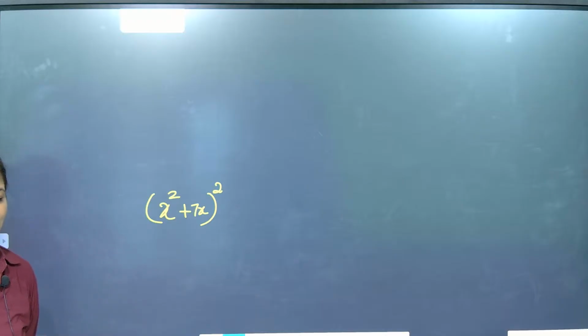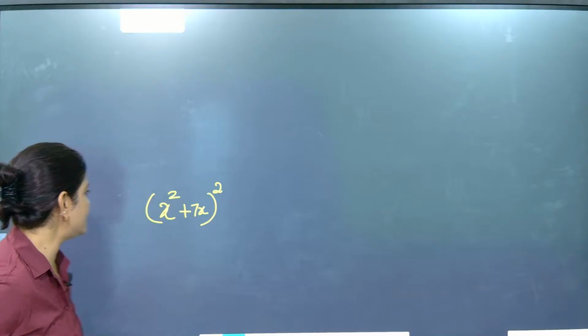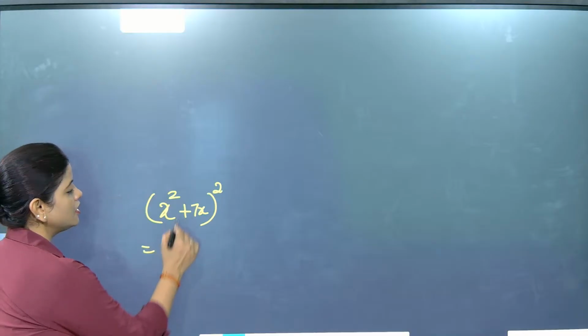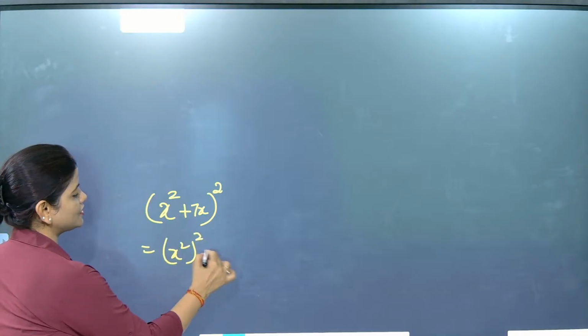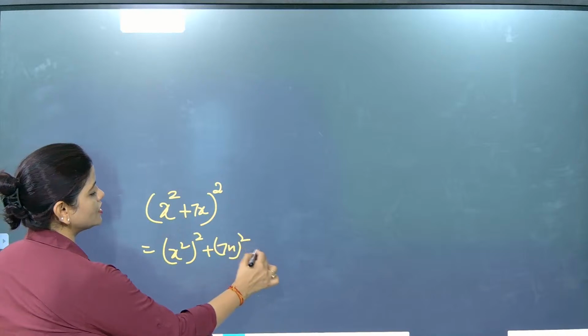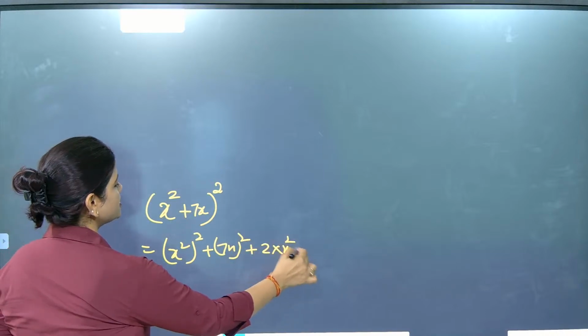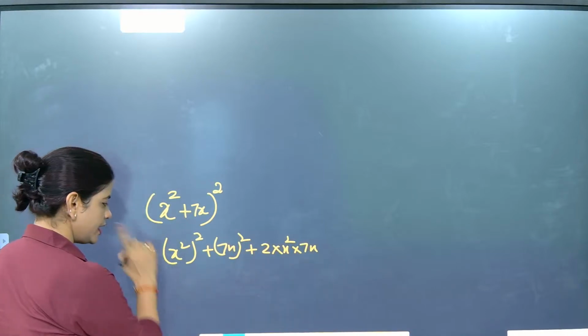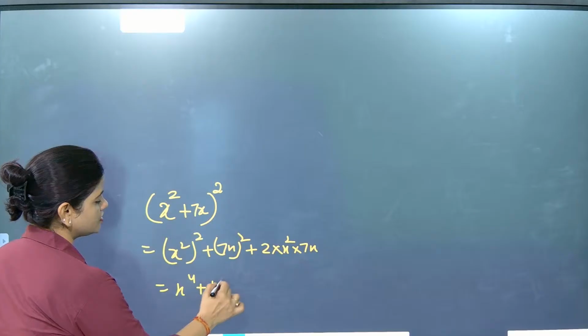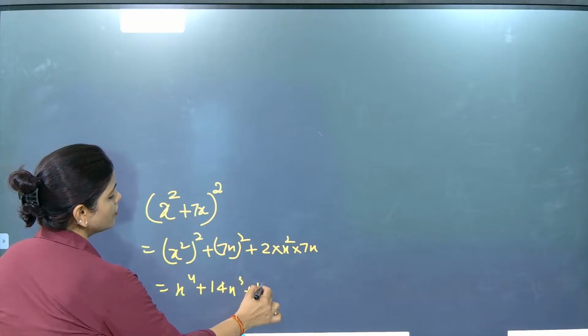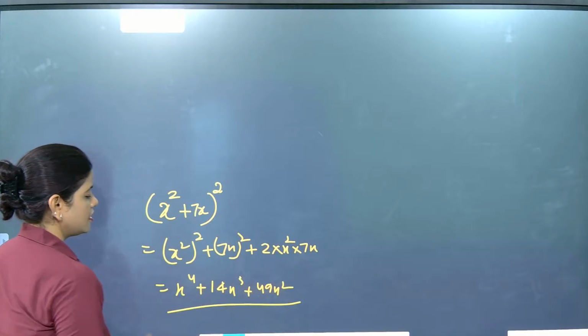Very good. Absolutely. 4 is the highest degree. So here it will become, Amrish, 7x whole square plus 2 into x square into 7x. So here it will become x to the power 4 plus 14x cube plus 49x square.